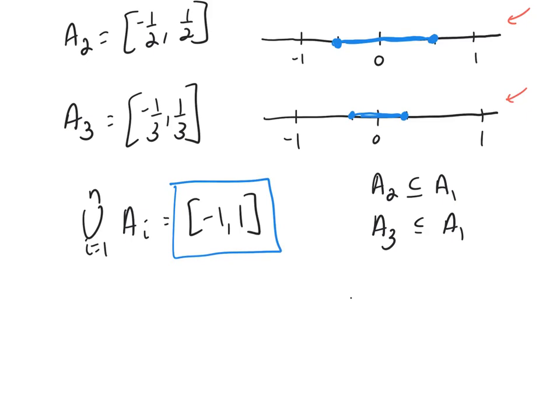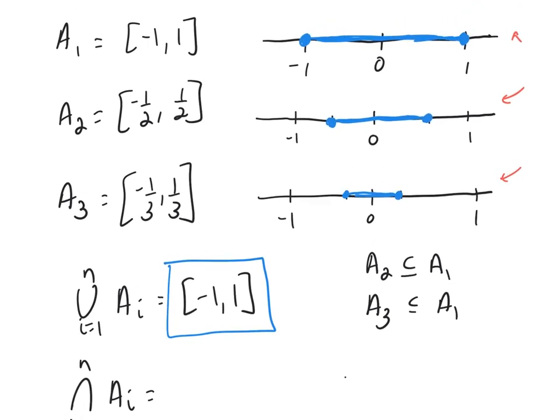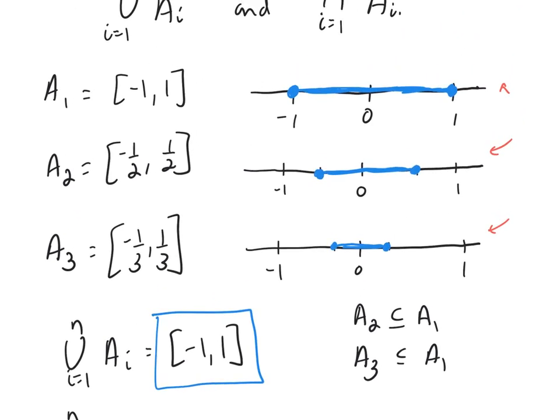Now let's look at the intersection. With intersection, I want to see what they have in common. Where do they overlap? If I look back at my pictures, these three intervals all contain the number 0. If I look here, all three of my intervals contain 0.